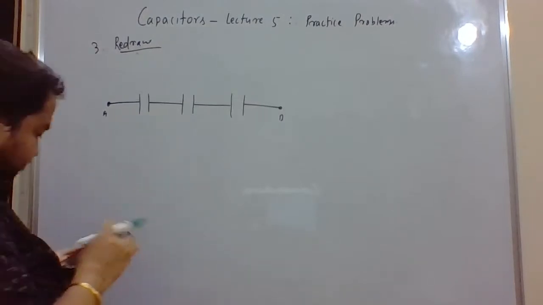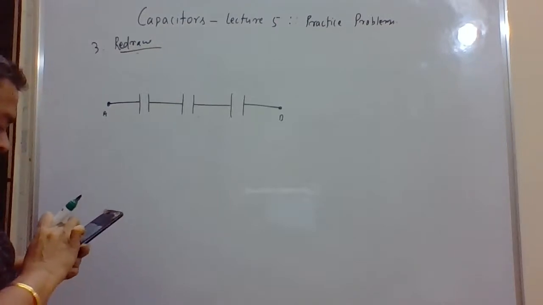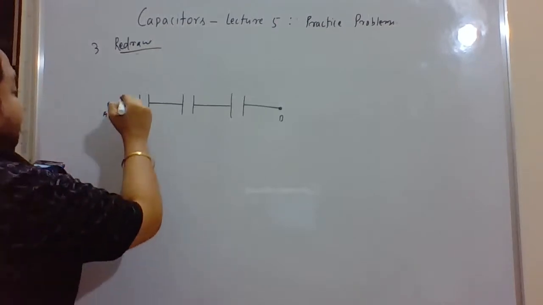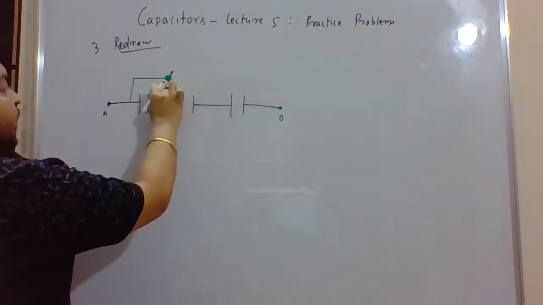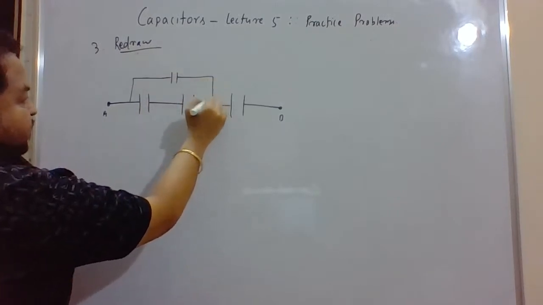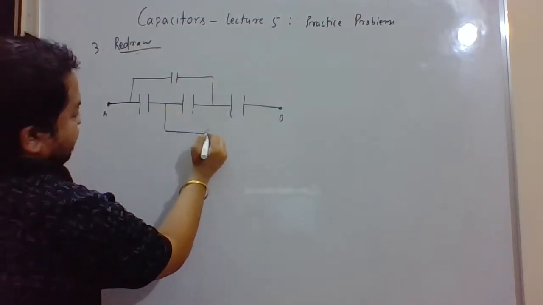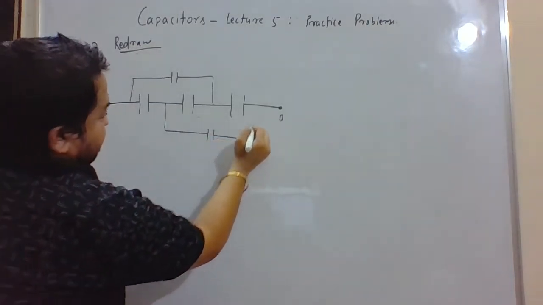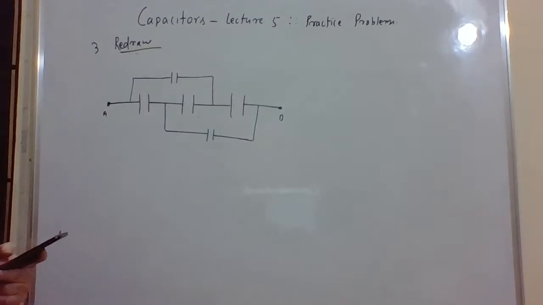Let me just quickly refer to the problem. I will start one from here, and I will connect one capacitor like this here. And then I would connect one more capacitor like this from here.